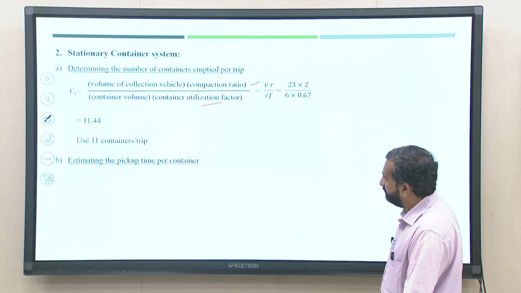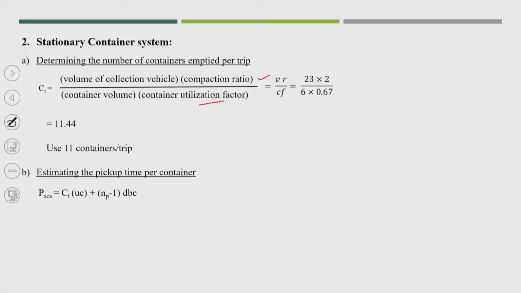Now, we will estimate the pickup time per operation, and we know this equation: PSS equals CT into UC plus NP minus 1 into DBC. In the last class I wrote N as capital; here also I can put N. DBC is the same, A plus Bx, and we will put in the values.